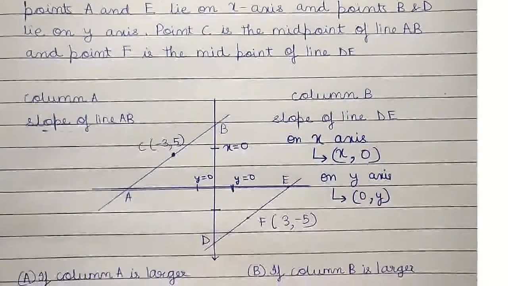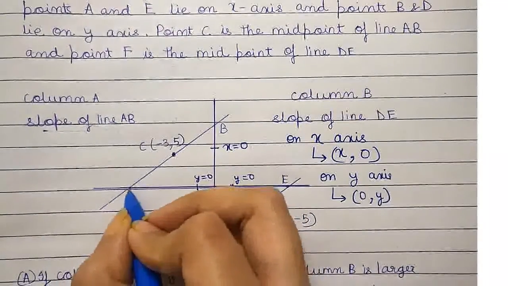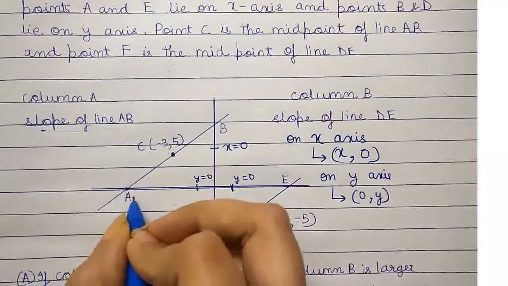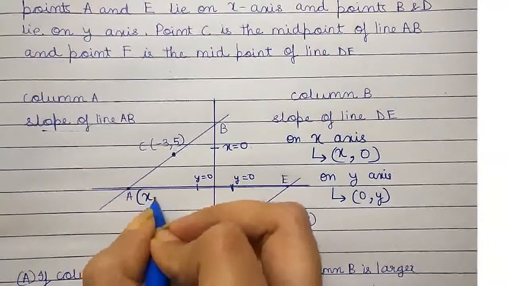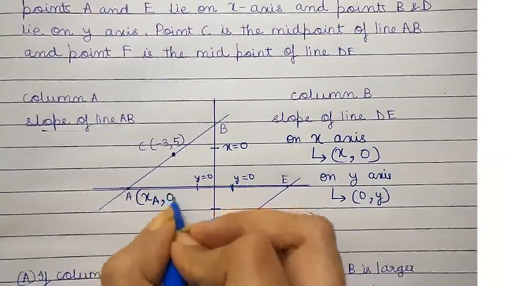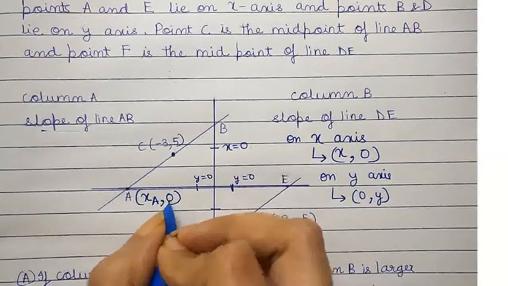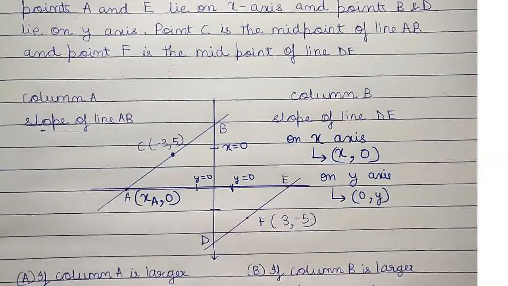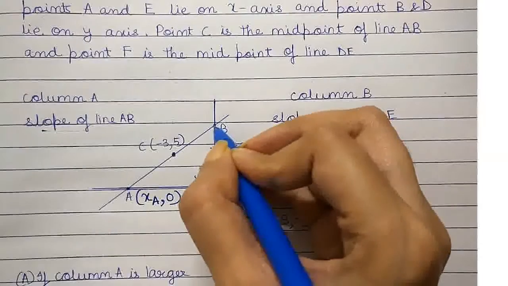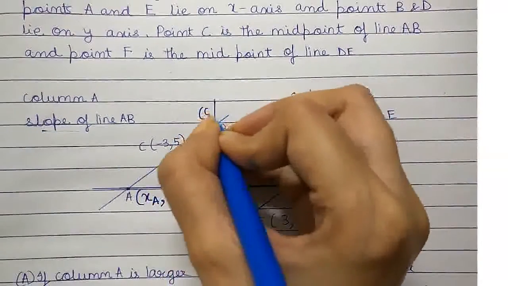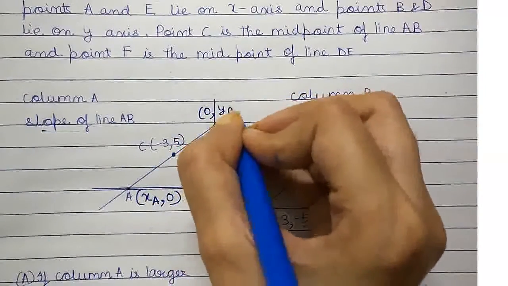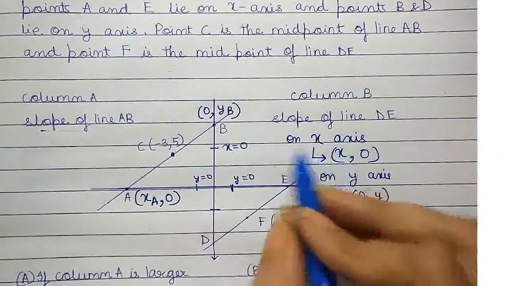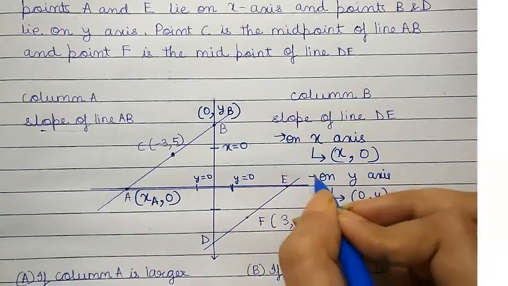So now we see that this point A is on the x-axis, so we can write its coordinates as xa, 0. Since it is on the x-axis, its y coordinate is equal to 0. Similarly, this point B can be written as 0, yb, applying this rule that I have just stated.